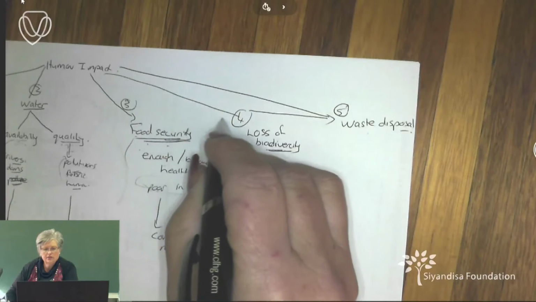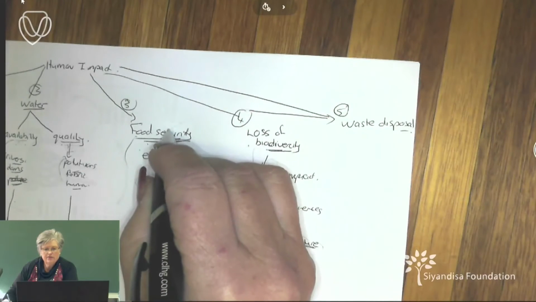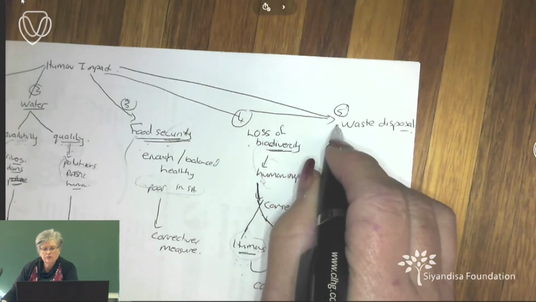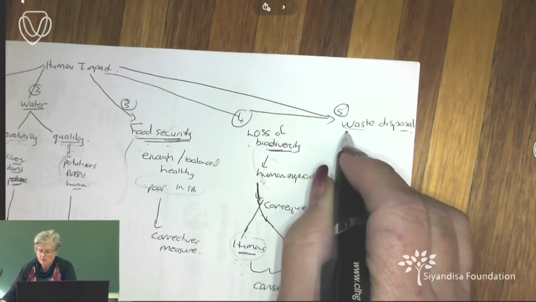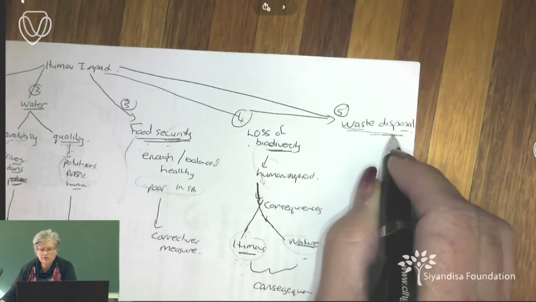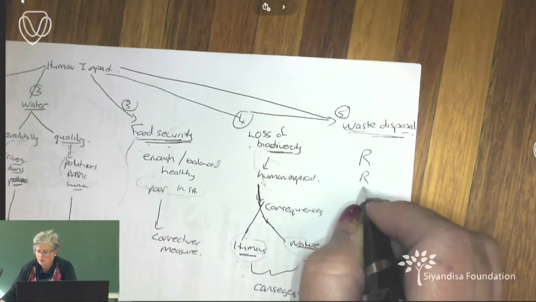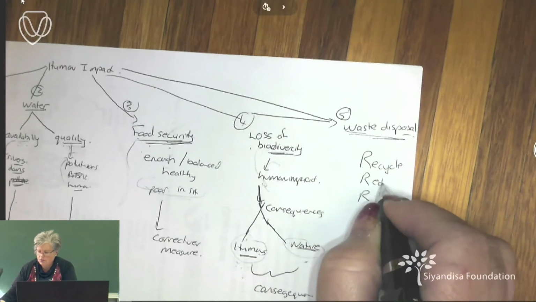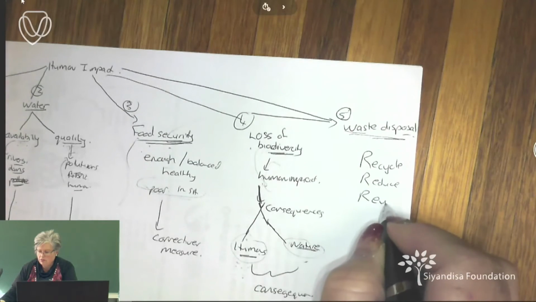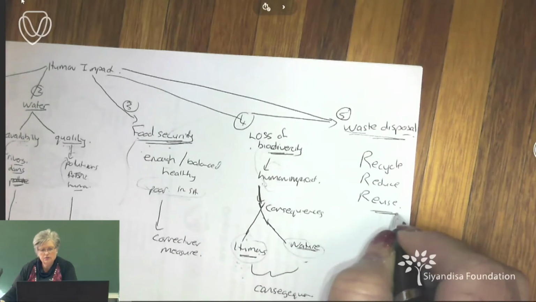Food security can in a big way be helped if we look at how we deal with waste, because we can recycle. The important parts in waste management are the 3 R's: recycle, reduce, and reuse.